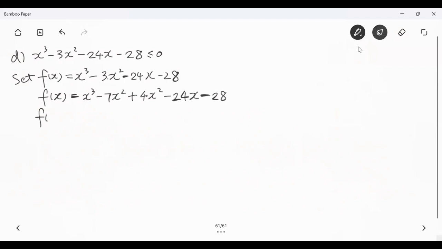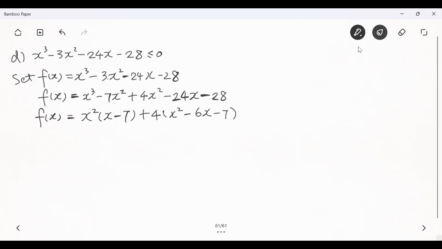Then the next step is x cubed minus 7x squared, so the common factor is x squared, times x minus 7. And the next three terms, the common factor is 4, so take out 4 times x squared minus 6x, right? Because 6 times 4 is 24, and 6 times 7 is 28.